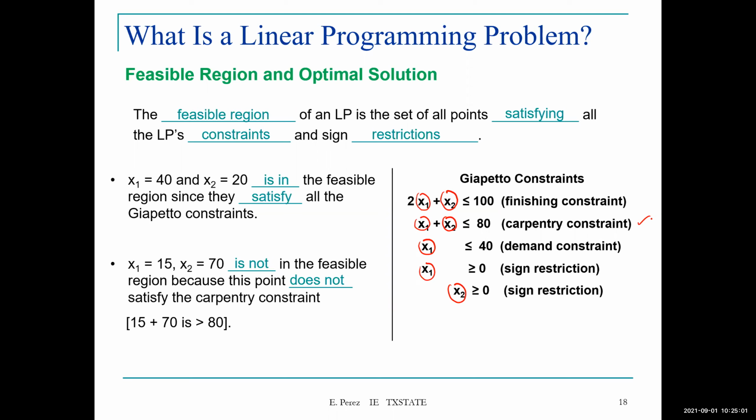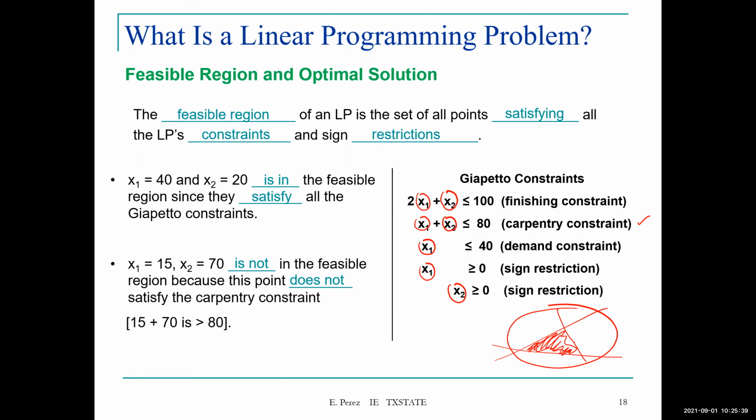Okay, so remember, I always represent the solution space with this attempt of drawing a circle. So that's the solution space. And what we are trying to do is to cut that solution space so we can determine the area where all the constraints are satisfied. And then using that area, we can find the best solution. Once we limit the solution space to that area where all the constraints are satisfied, we can start the search for the best solution.